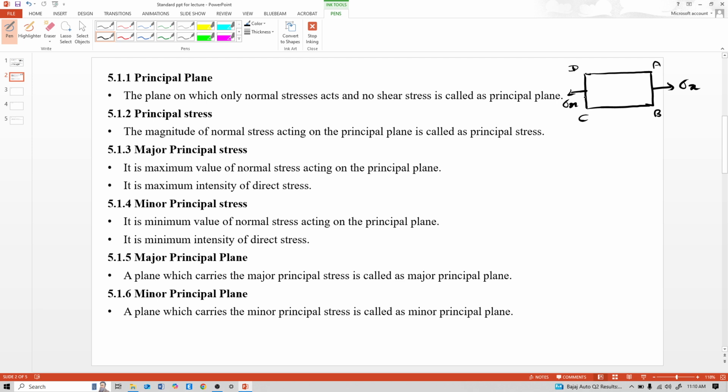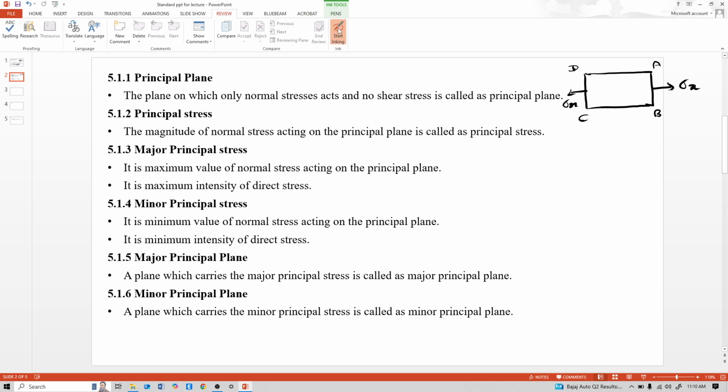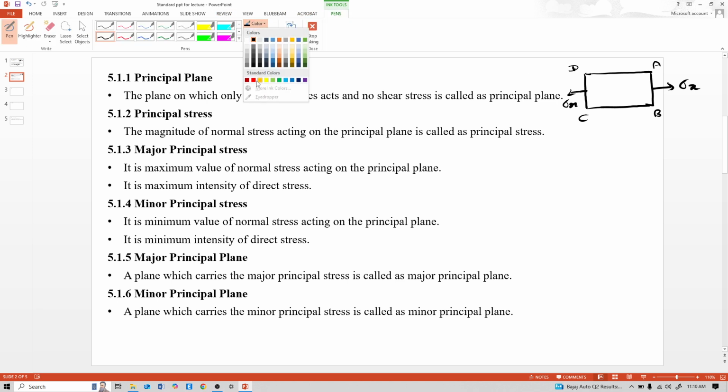This sigma x is the normal stress. Here, this red colored stress is shear stress, and this body does not carry these red colored shear stresses. So that's why it carries only normal stress, and planes AB and DC are principal planes.